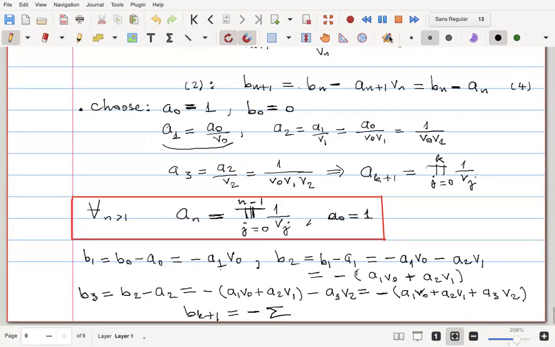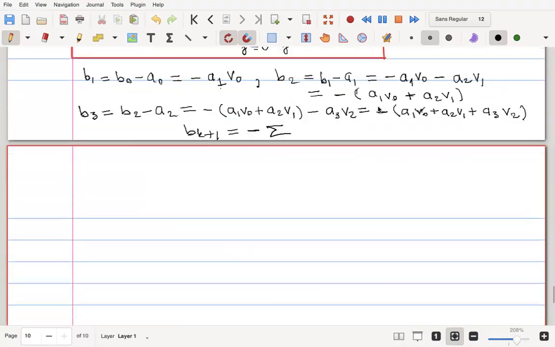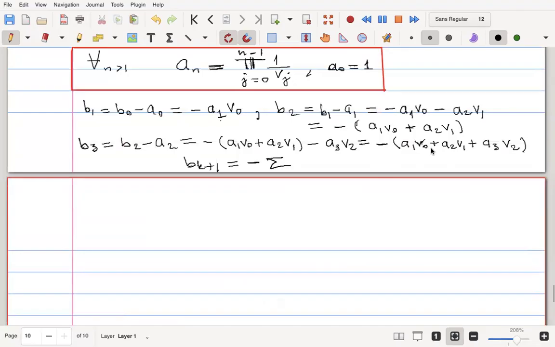Okay, let me move to the next slide. So I can see that for an arbitrary k, for k fixed, b_{k+1} can be written as negative a certain sum on j.